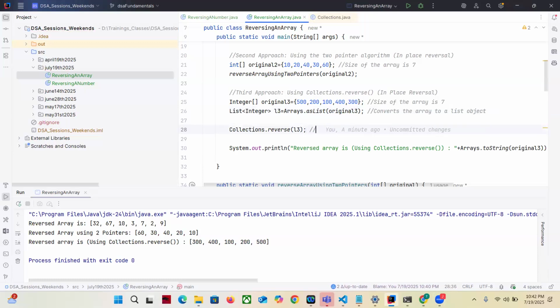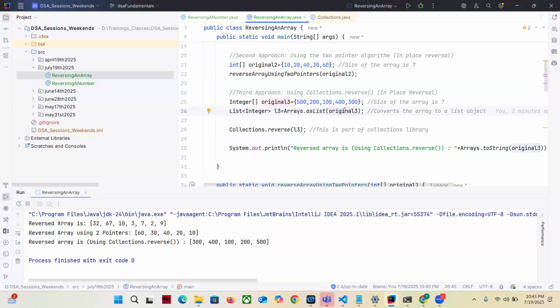This is part of the collections library. So first you are converting the array into a list, then reversing the values based on the insertion order. Then it will update the original array. So this is the in-place reversal. Whatever activities you do on this L3 will impact the original array also.